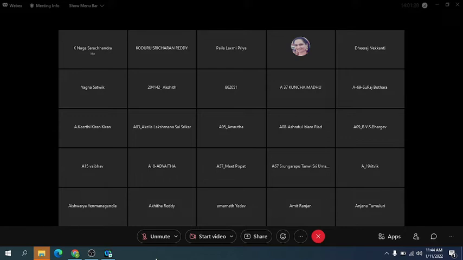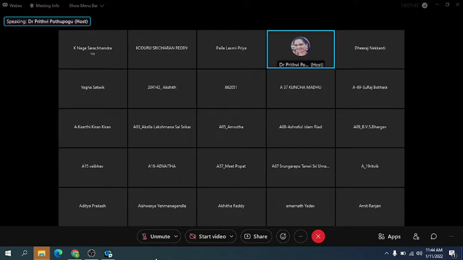Next one. Implementation of asynchronous 4-bit up-down counter.